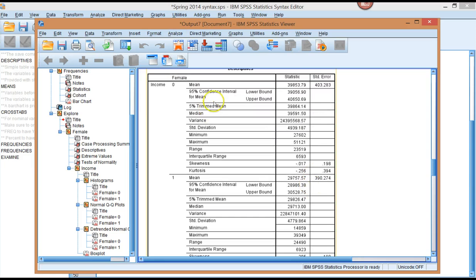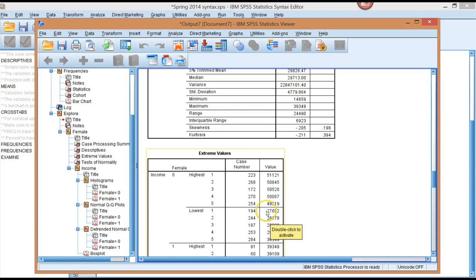But in addition, you also get the 95% confidence interval. You get the trimmed mean. Remember, we talked about trimmed means being more robust. You get the median, the variance, and then your measures of dispersion, including the interquartile range, and the skewness and the kurtosis. And that's for men and for women.